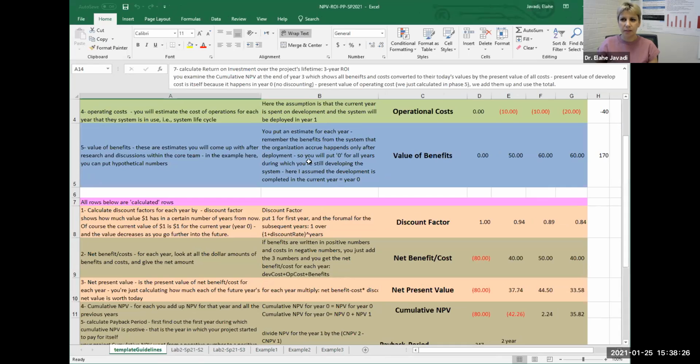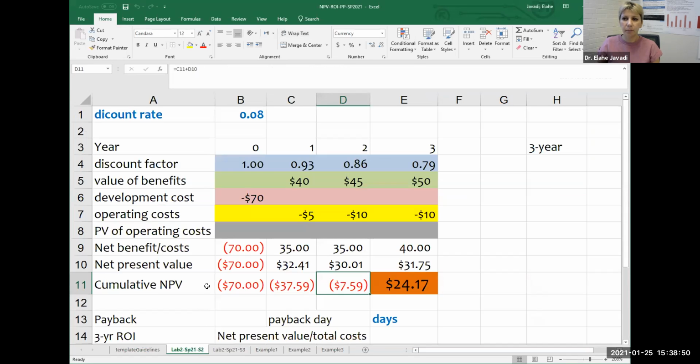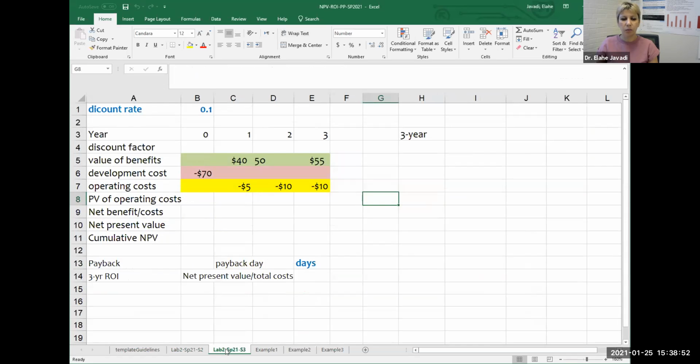So the first tab is the guidelines. If you miss any steps today or on Wednesday, or you forget any steps, you can come back and read the description here. This is the work I did with the previous section. This is the work for your section, section 3.